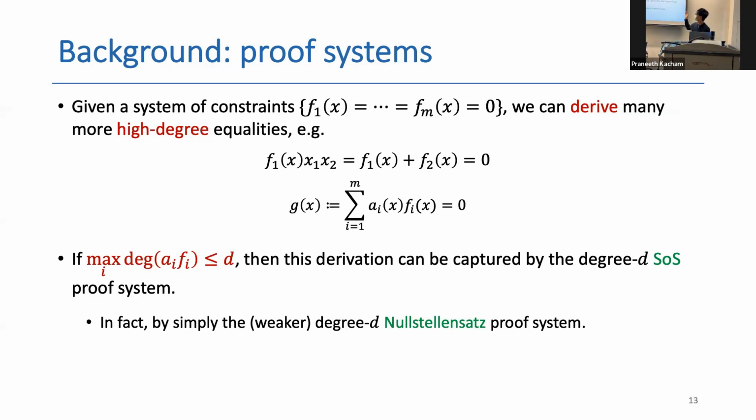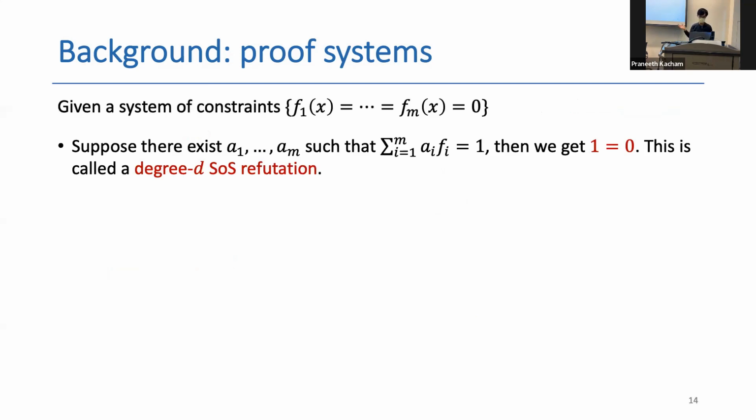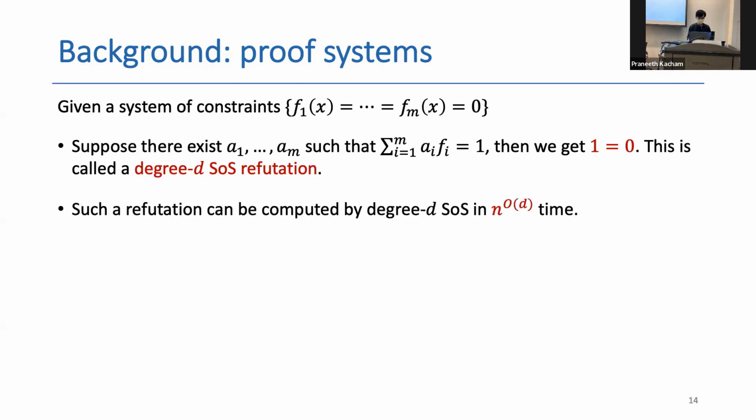When we say SOS can capture this, what I mean is, given this system, if there exist a1 to am such that this equals 1, then we get 1 equals 0, which is a refutation. We call this a degree d SOS refutation. Such a refutation, meaning these coefficients a1 to am, can be computed by degree d SOS in n to the order d time. I guess this comes back to your question about the runtime.